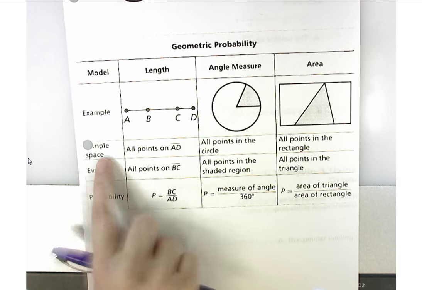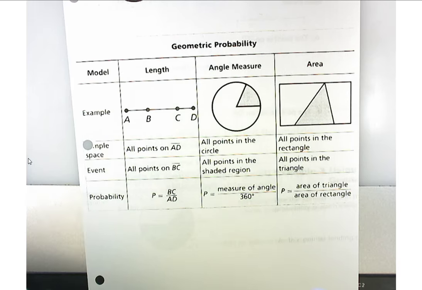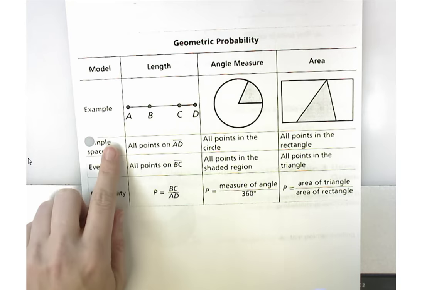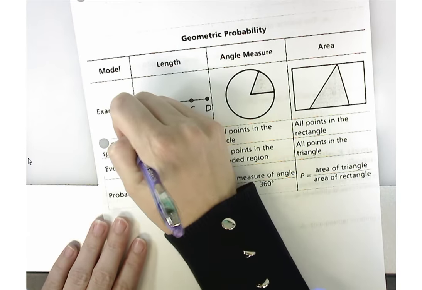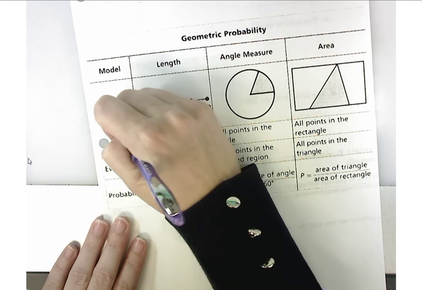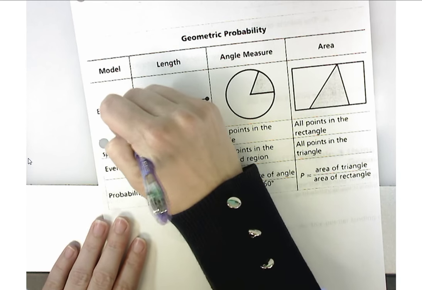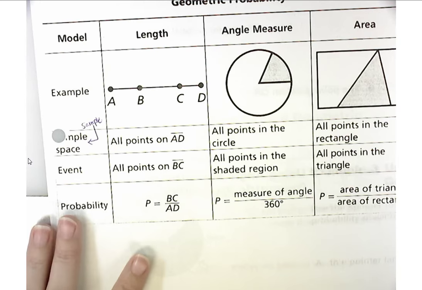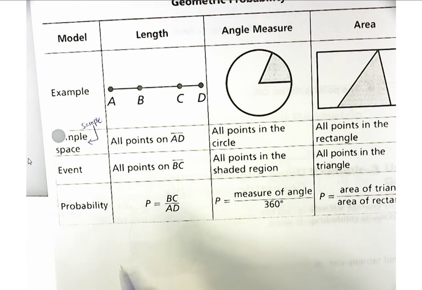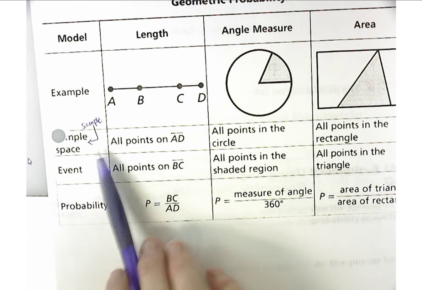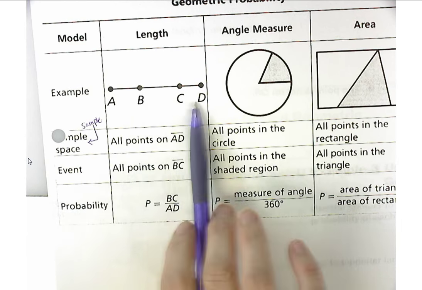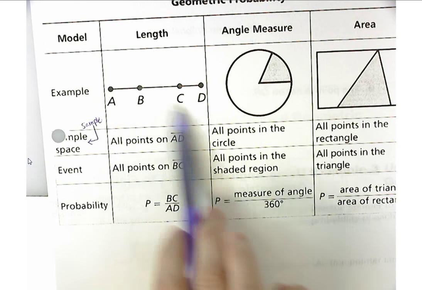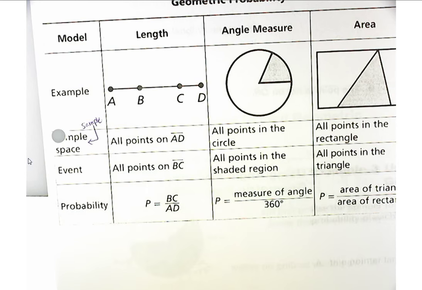When this is examples, the sample space, I know that got cut off, so we're just going to write that. The sample space is going to be all of the possibilities. So for this one, all of the possibilities are all of the points on that segment AD.